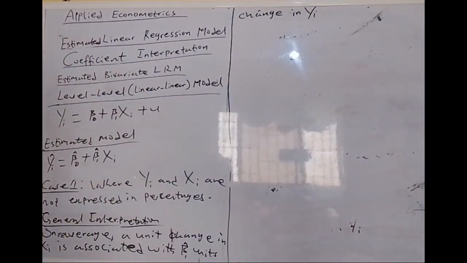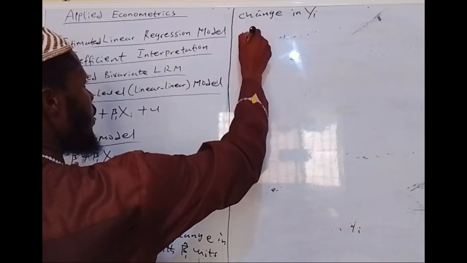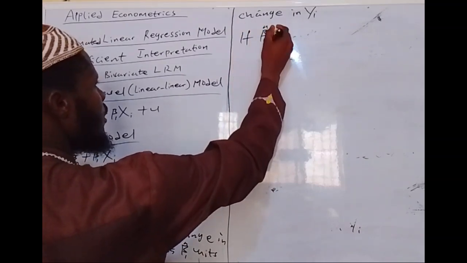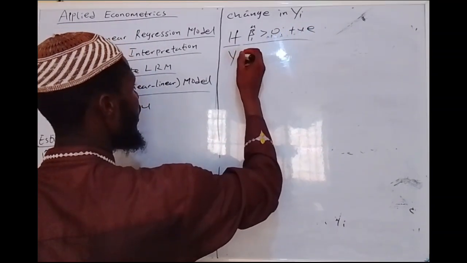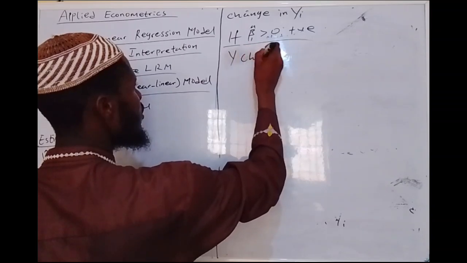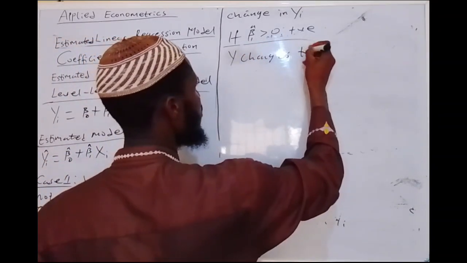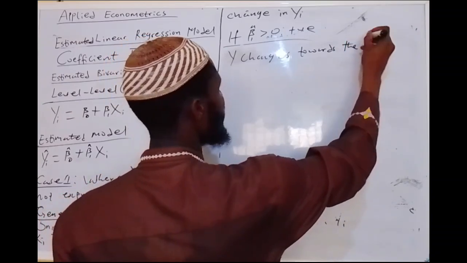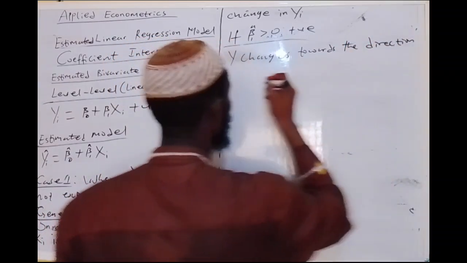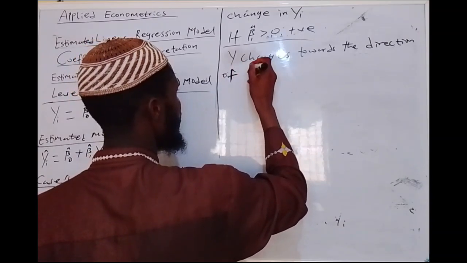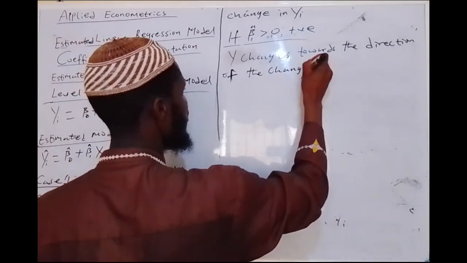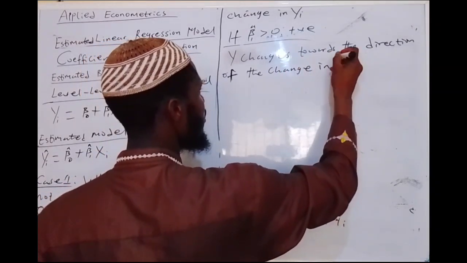What if we know the sign of the estimate? If beta 1 hat is greater than 0, that is, if beta 1 is positive, y changes toward the direction of the change in x.